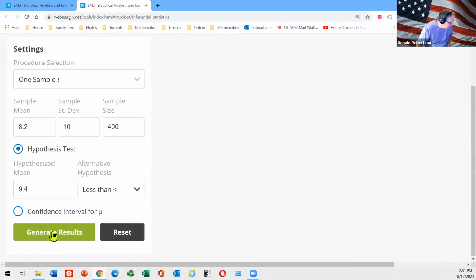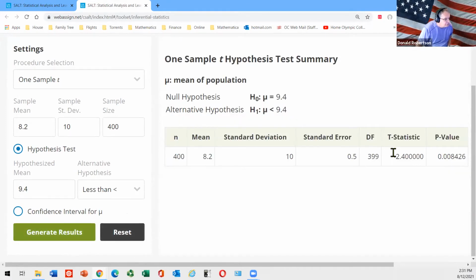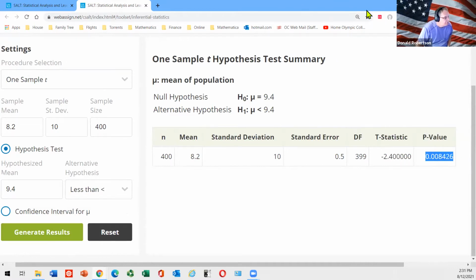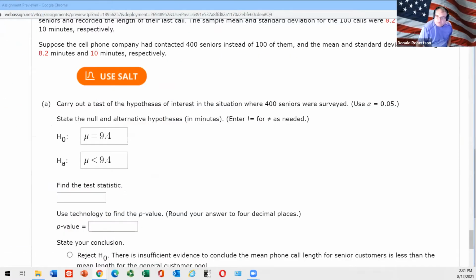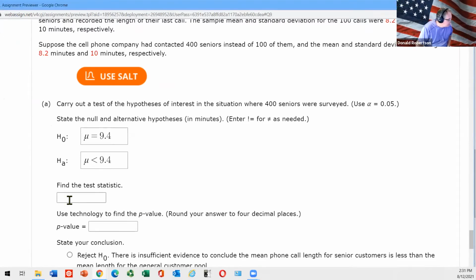And I'm going to go generate results. Here's your test statistic, and here's your p-value. So put in the test statistic, which is about 2.9, to four decimal places.